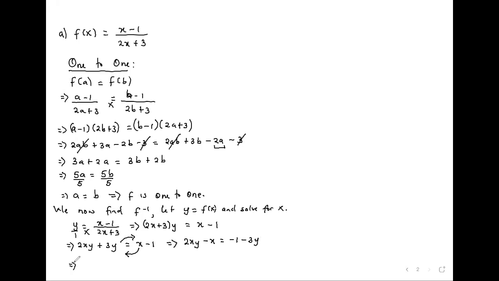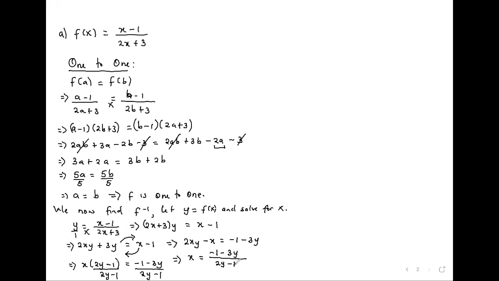So we get x times 2y minus 1 is equal to minus 1 minus 3y. Solving for x, we will divide by 2y minus 1, divide by 2y minus 1. So we get x is equal to negative 1 minus 3y over 2y minus 1.